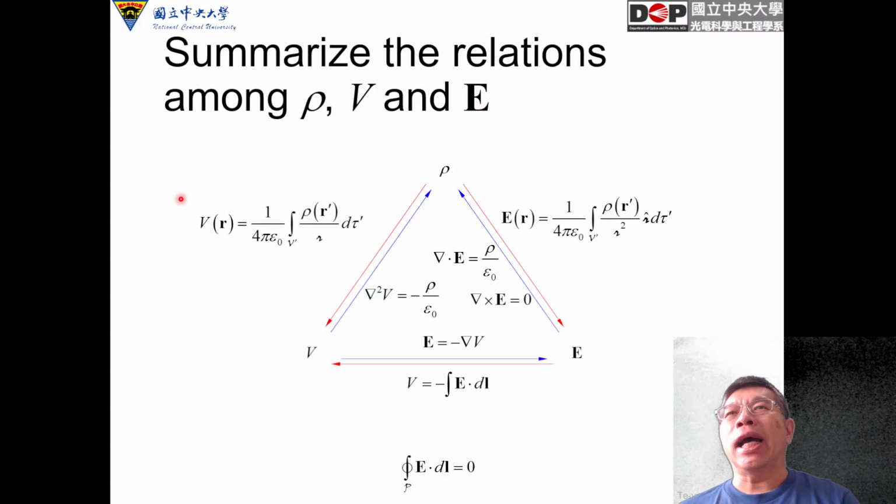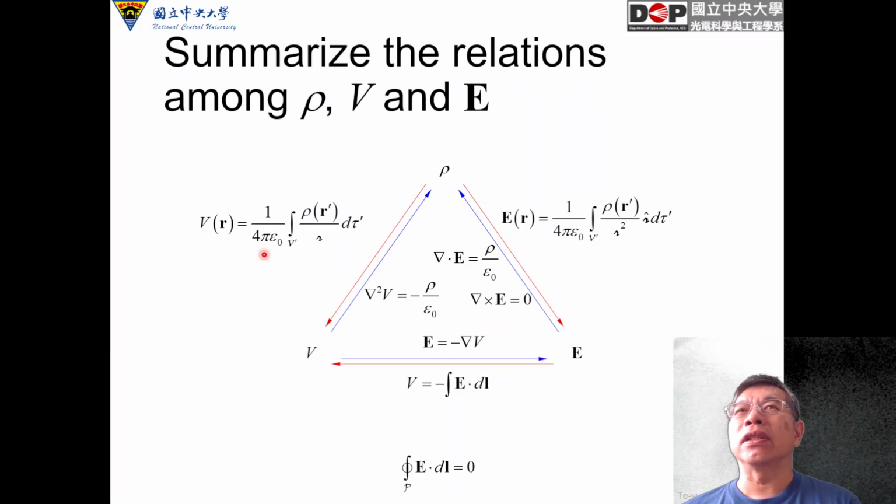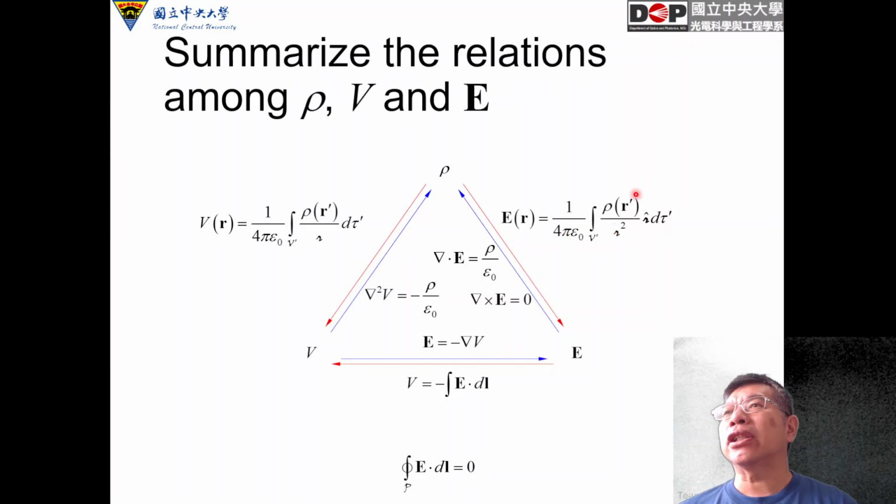Now that is the basic conclusion of the electrostatic things. There are three things. The most fundamental is charge. Charge is the source, and the source generates the field. Coulomb's law tells us that each charge contributes to the particular point of interest R in this form.